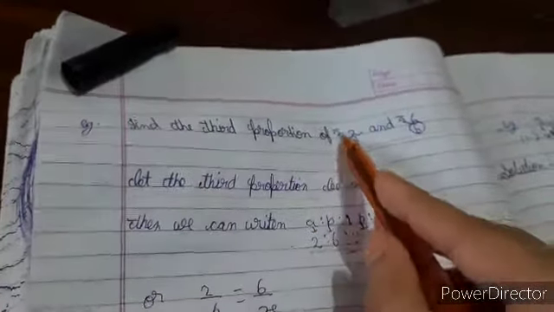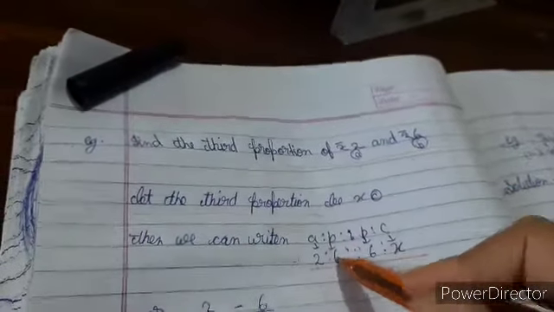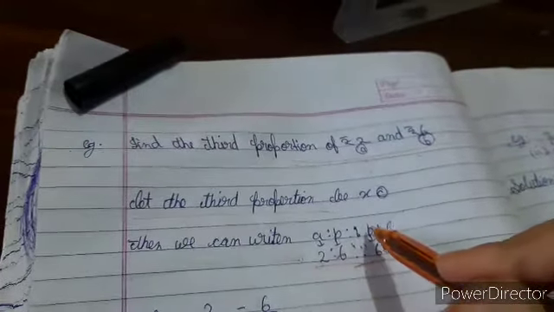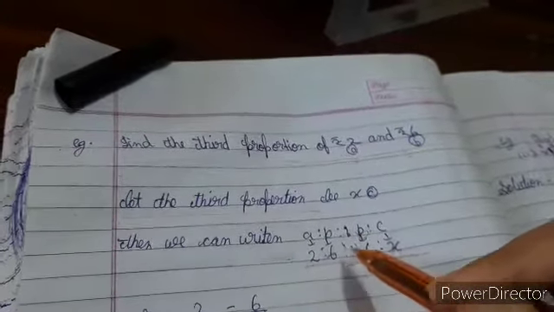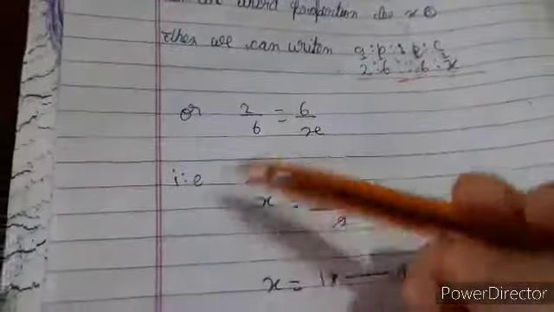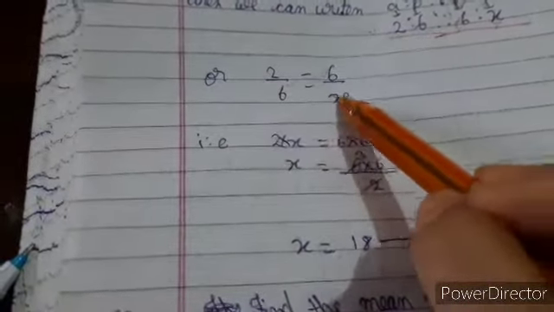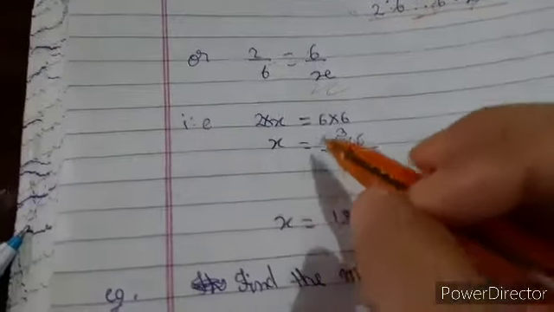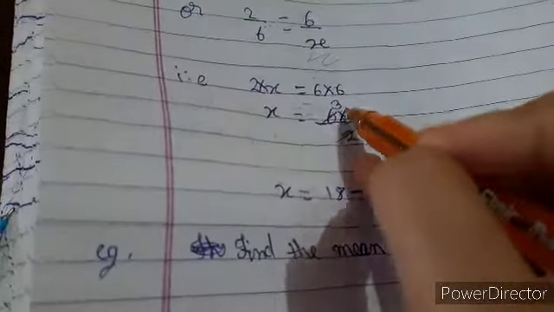We have written A is 2, this B is 6, and again B is 6, and this X which is C. Or we can write like this also, 2 upon 6 is to 6 upon X. Now we will solve. 2 into X is equal to 6 into 6.